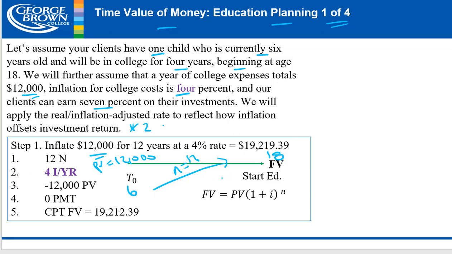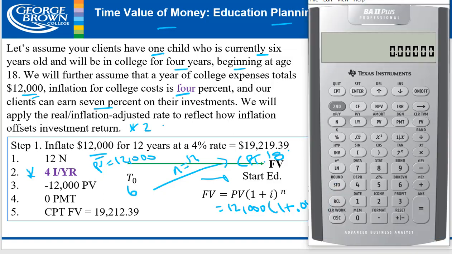There's no payments along the way, so payment would be 0, and we're going to compute for the future value. Again, you can do that using algebra. Future value is going to equal 12,000 times 1 plus I, that's 4%, because we're going to use the inflation rate for education, to the power of N, so that's 12 years from now, okay?